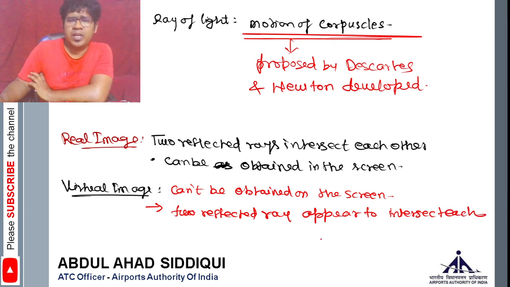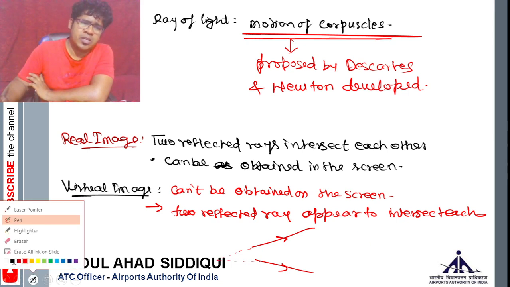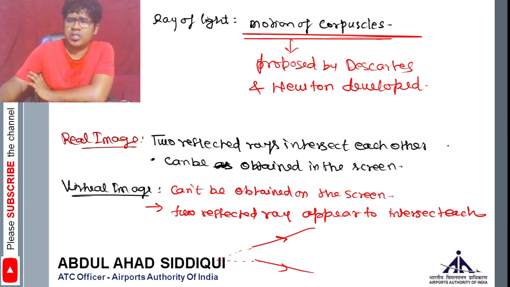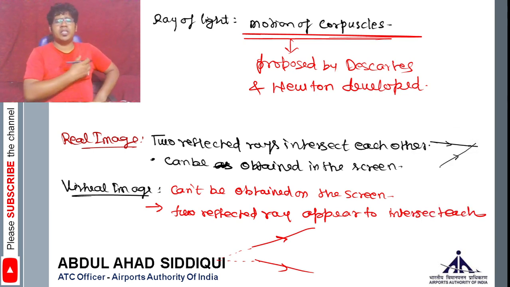Matlab the reflected ray will be of diverging nature, like this. So if this is the reflected ray, you may assume that they are intersecting here, but they are actually not intersecting. But in the real image, the intersecting rays will be of this nature, like this one is coming here and this one is going here. So they will really intersect each other. Okay, so this is your real image and virtual image.